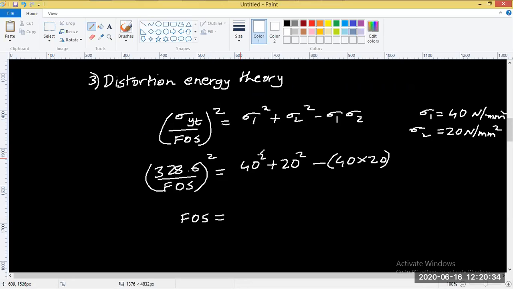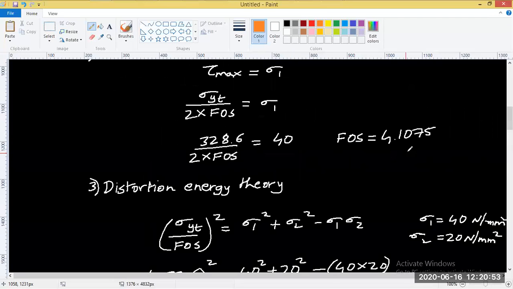So if you calculate, you get a factor of safety of 9.4859. Okay, so this is what you get, the factor of safety using the distortion energy theory here.